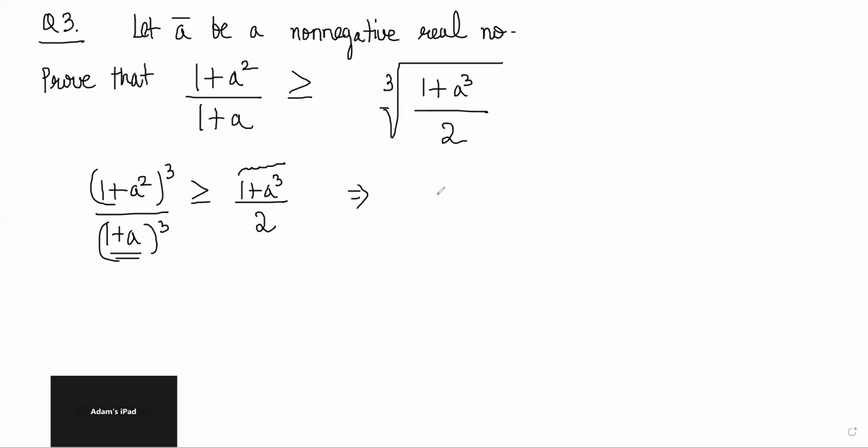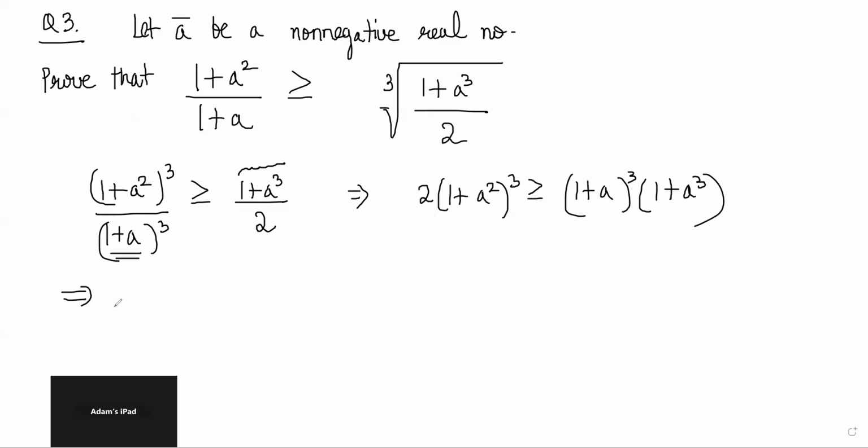So I can say 2 times (1 + a^2)^3 is greater than or equal to (1 + a)^3 times (1 + a^3), right? Now just simplify it normally. Do you know how to do the cubic formulas? You know (x + y)^3, what is it?